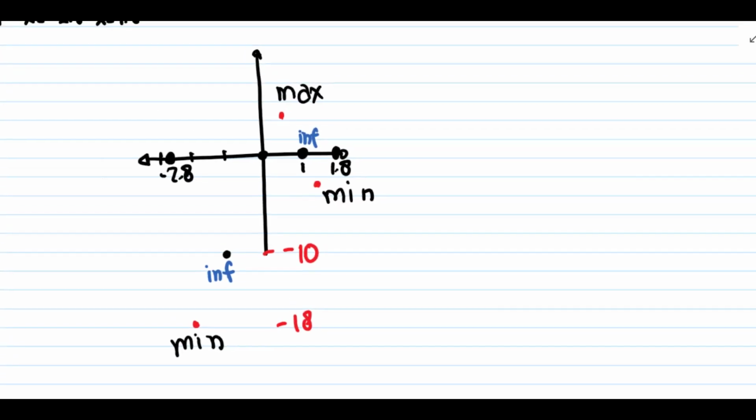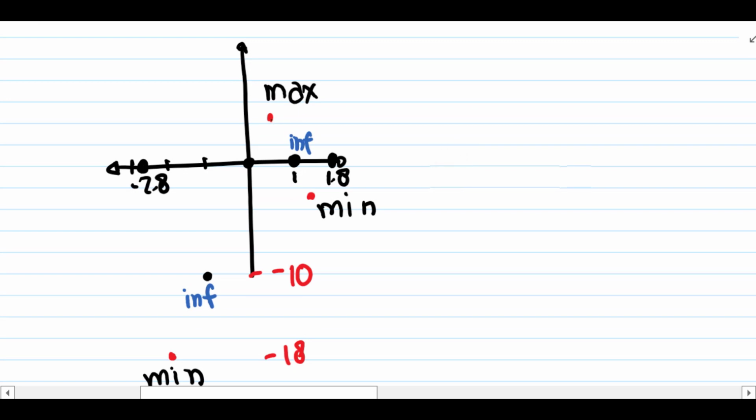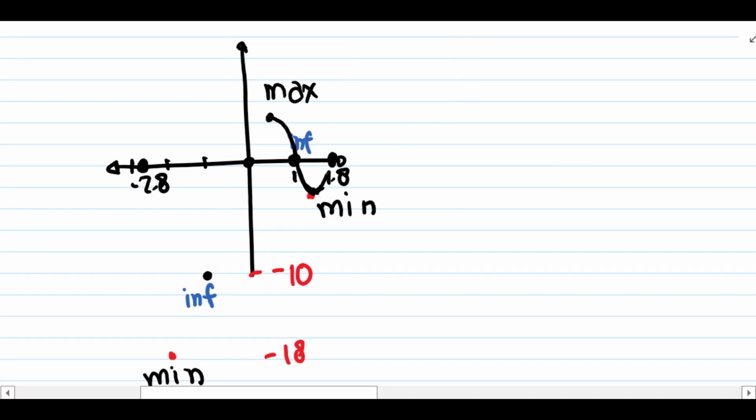Okay, we will start from the maximum first. From the maximum, you will have a curve like this, and then after it passes through the inflection point, the concavity will change like this, and then because this one is a minimum, it will turn back to the top like that.